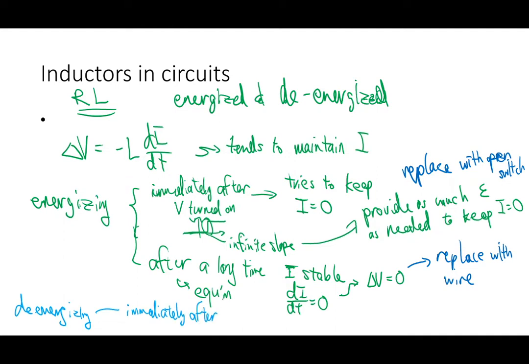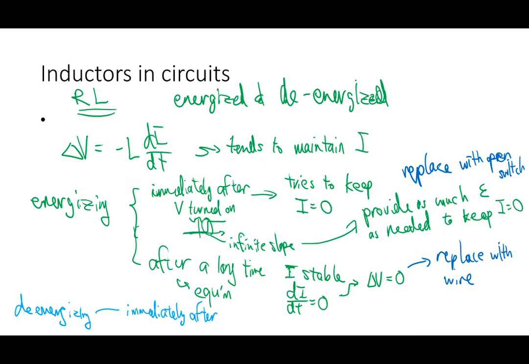Remember what happened with the capacitor, right? When it switches over, it tries to maintain the same voltage that it had before. It can't change that because the charge hasn't changed. Q over C, same Q, same V. For an inductor, it again tries to maintain the same current.